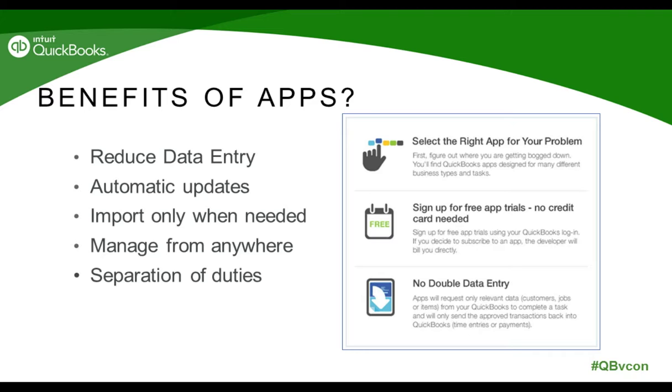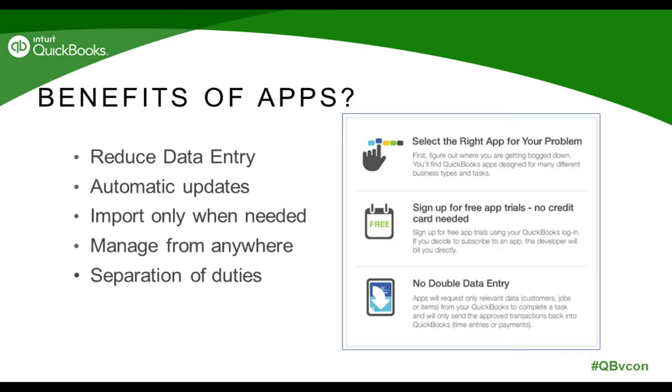So they're using a desktop competitor product, and plus they're using like 5 gazillion Excel spreadsheets, and what's happening is that they're putting the same information in like 4 or 5 different places. And the thing with that is that you spend a lot of time checking and cross-checking to make sure that the right information is in the right place there. So the beauty of apps that connect to QuickBooks Online is that we're trying to enter data only one time. And that makes us much more efficient and much more productive.